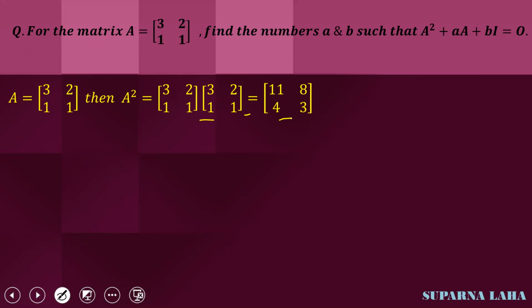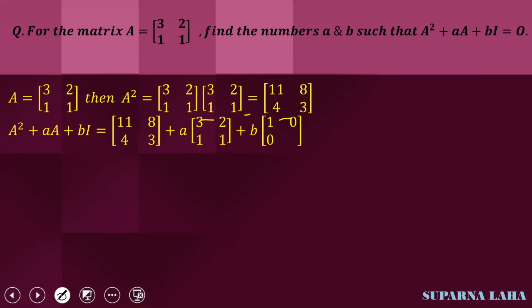Now just put the values of A square, A and I in the left hand side. So it will be A square plus a into matrix A plus bI. So put A square and I. Okay, so 11, 8, 4, 3 plus a into 3, 2, 1, 1 and then b into 1, 0, 0, 1 is equal to null matrix.